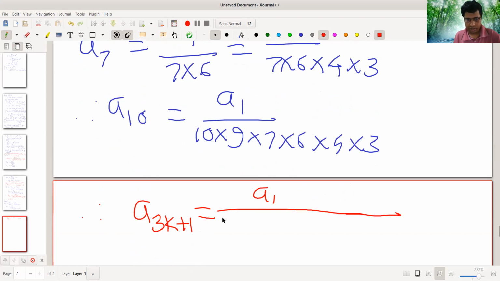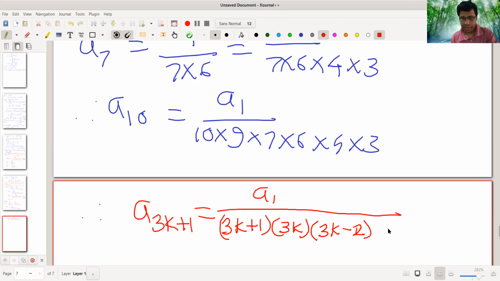Here it is 10. Now we have 3k plus 1, then 3k, then there is a gap. We don't have 3k minus 1, we have 3k minus 2. Then we have 3k minus 3 also, and so on. Again gap and so on. Last will be 7, 6, 4, 3. And k is 1, 2, and so on.